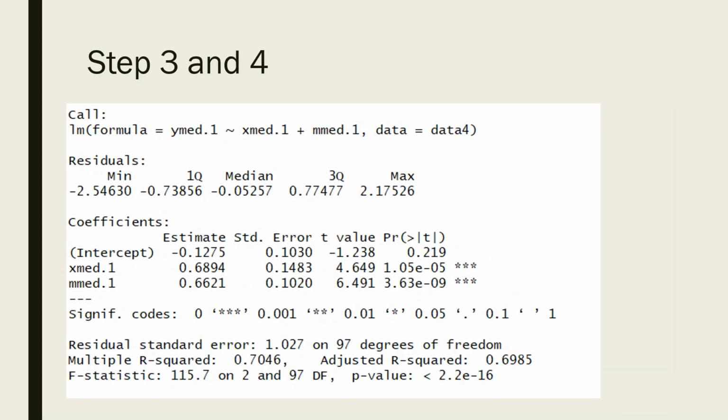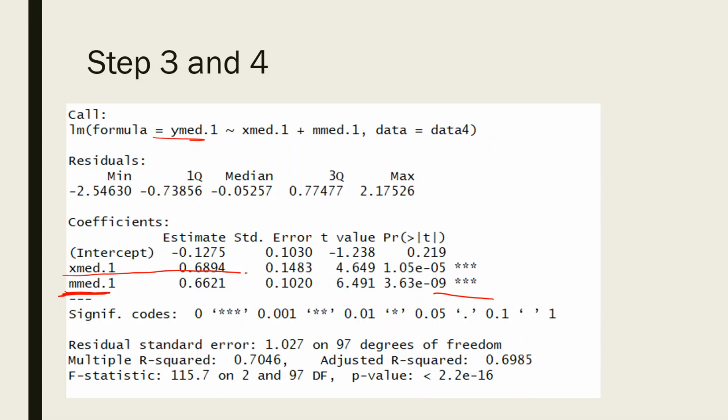Based on step 3 and step 4, what we're ideally looking for is two things. We're looking to see if our mediator predicts our outcome variable, which it does. Our mediator does predict our outcome variable. And then we're also looking to see if, now that the mediator does predict the outcome variable, there is a direct relationship between x and y.